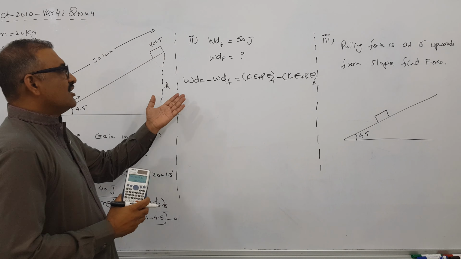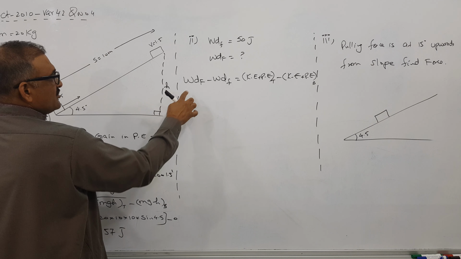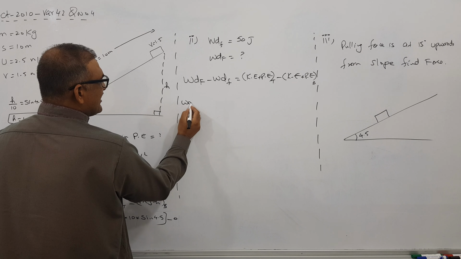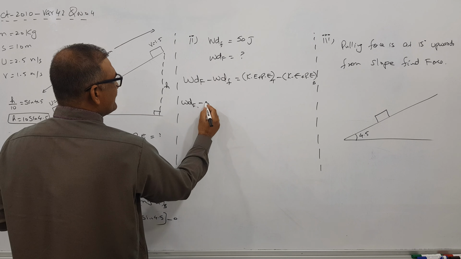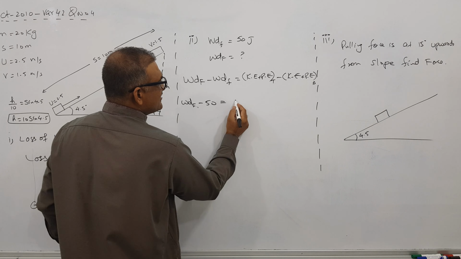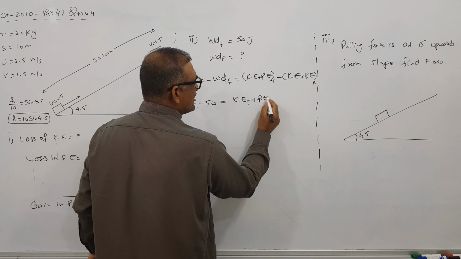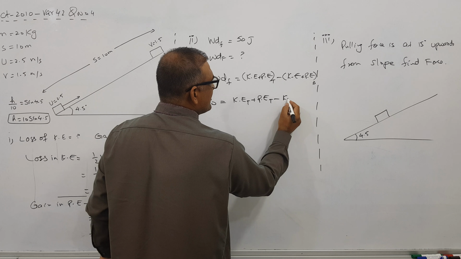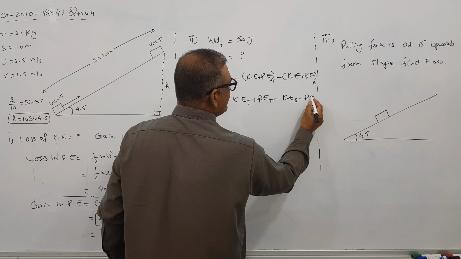So net work done is equal to change in mechanical energy. This is my question, so I'm leaving it as it is, and this is given by 50 joules. If I open the bracket: kinetic energy at the top plus potential energy at the top, minus kinetic energy at the bottom, minus potential energy at the bottom.